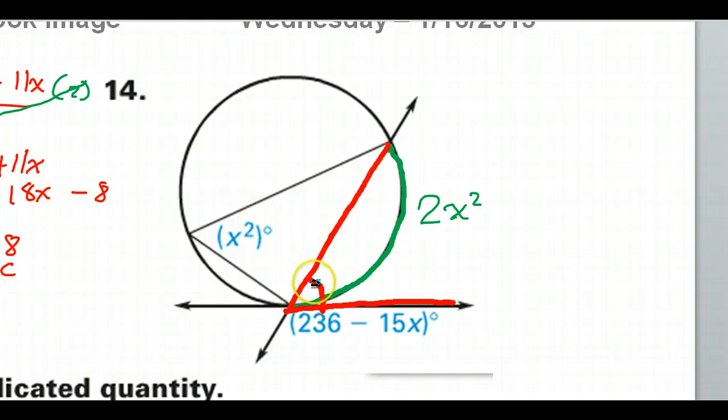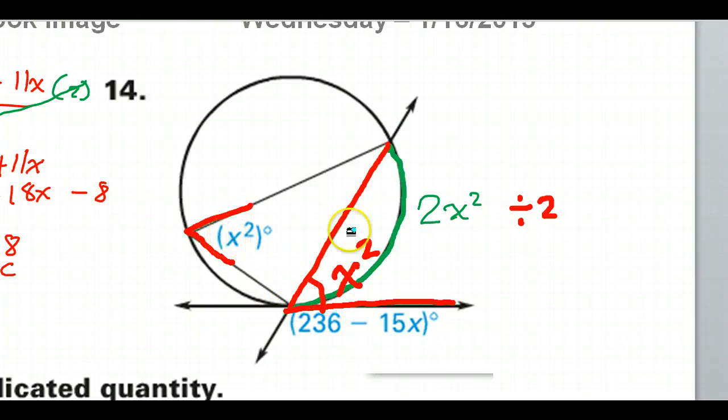So the relationship between this arc and this angle is still that the arc is double the angle. So that means this angle is going to be half of the arc. If I take this arc and divide it by 2, that's going to get me back to x squared again. So in other words, this angle right here is x squared. Another way to think of it is that these two angles were the same, this angle over here and this angle right here, x squared and x squared.